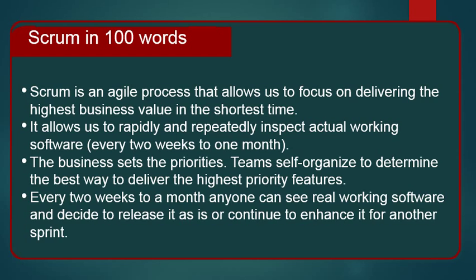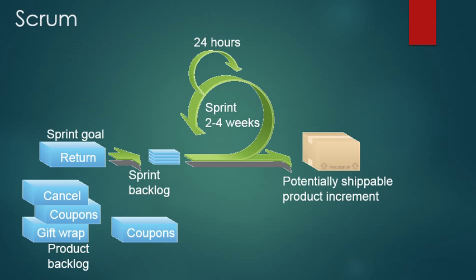The business sets the priorities. Teams self-organize to determine the best way to deliver the highest priority features. Every 2 weeks to a month, anyone can see real working software and decide to release it as is or continue to enhance it for another sprint.